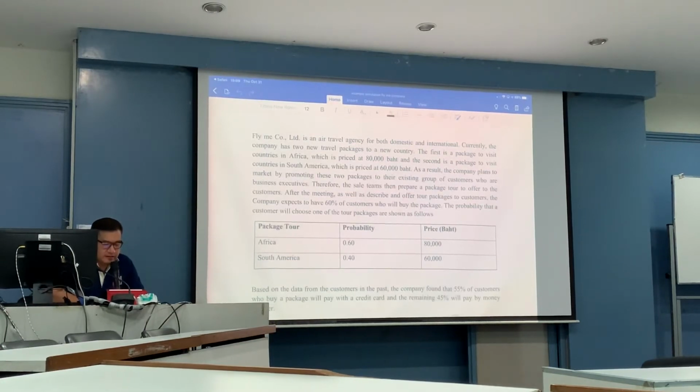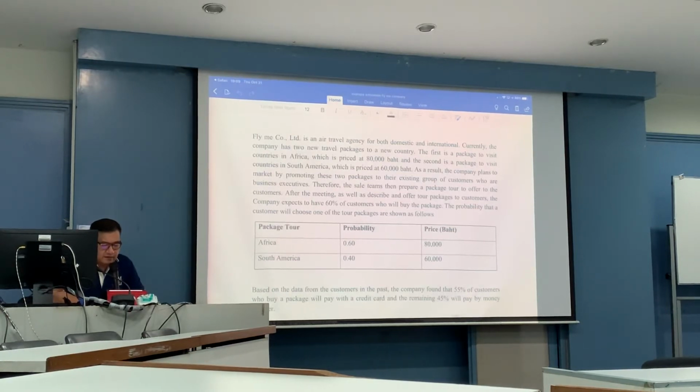So the sales team prepares the package to offer the customer, and after the meeting, as well as describing and offering the tour package to the customer, the company expects 60% of customers to buy the package. And the probability that the customer will choose one of the tour packages is shown as follows.